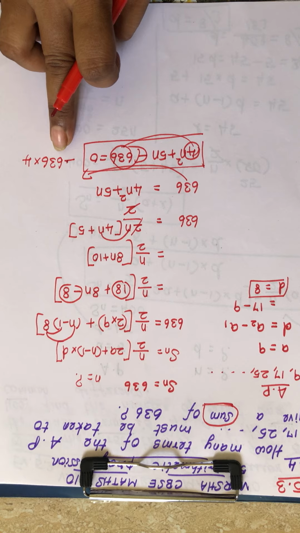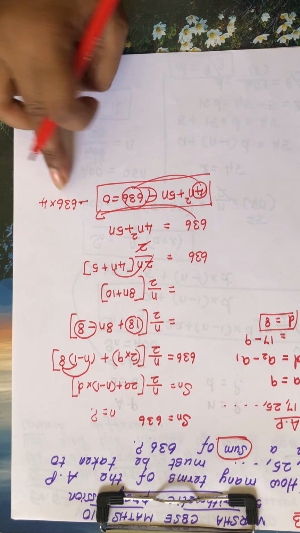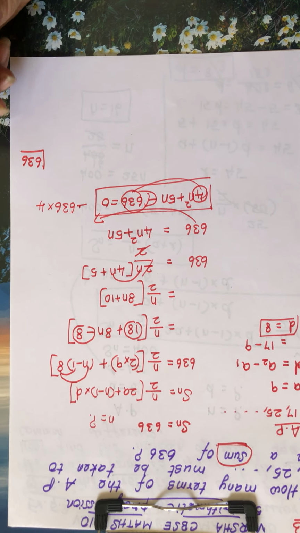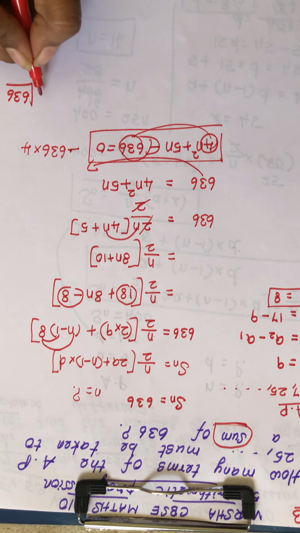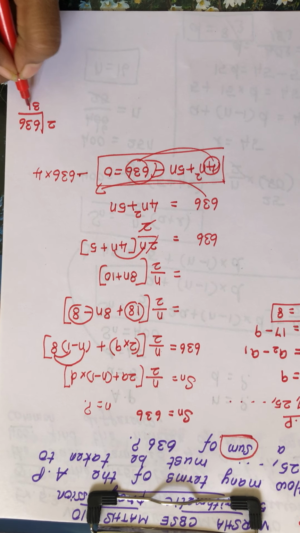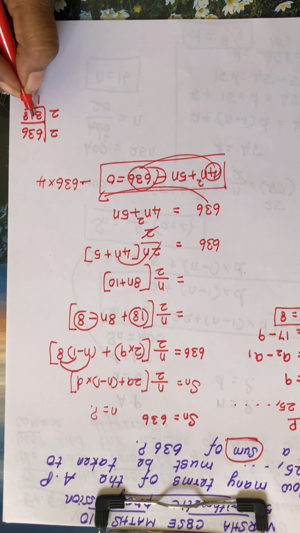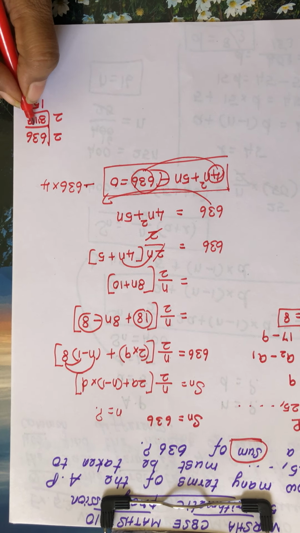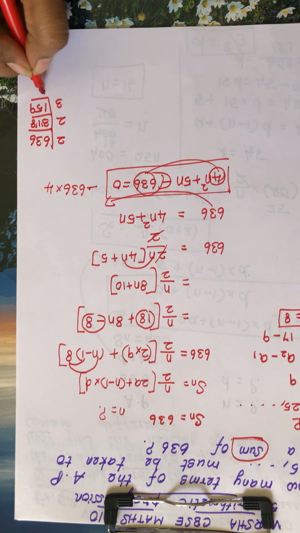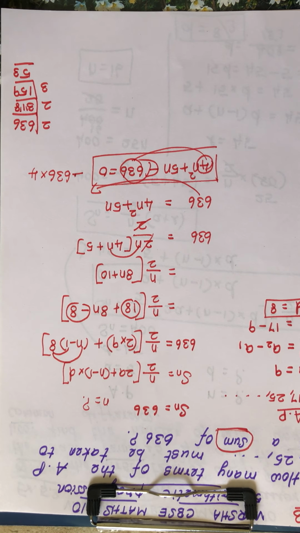So I am going for prime factorization of 636. When you split 636, 2 times 318, again 2 times 159, again 3 times 53. And 53 is a prime number.